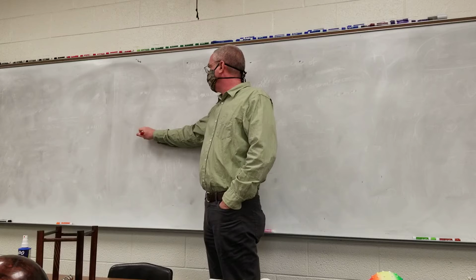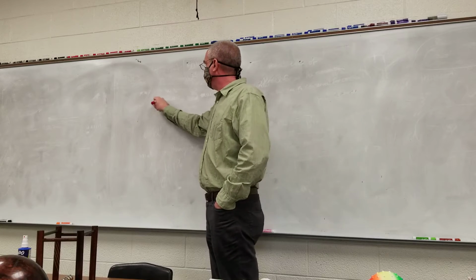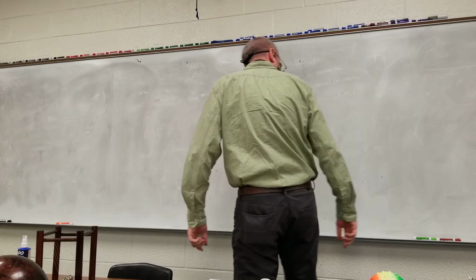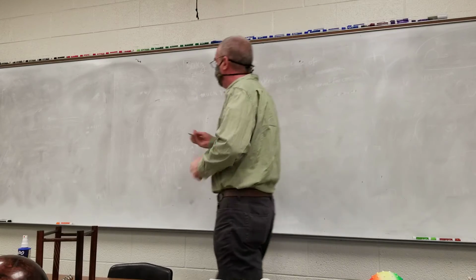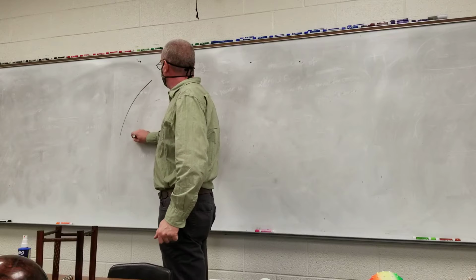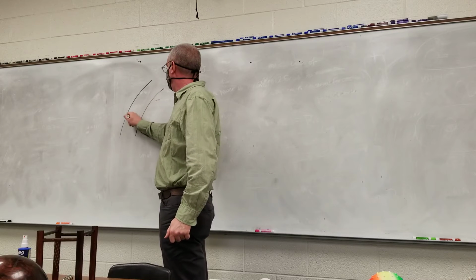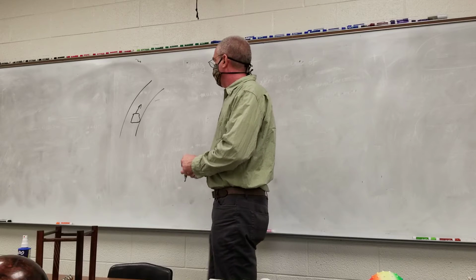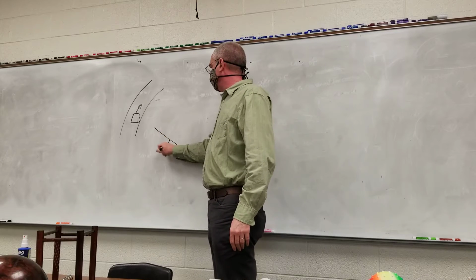All right, so a banked curve just means that, if we have an overhead view of a curve, car going that way. From the back end view, banked just means that it's at an angle.